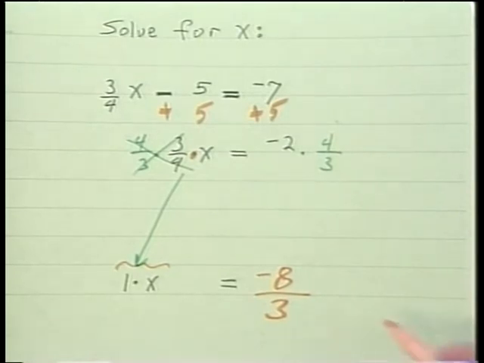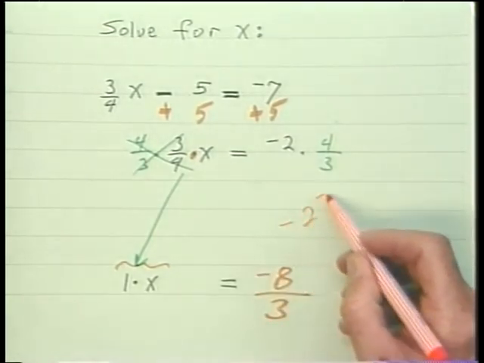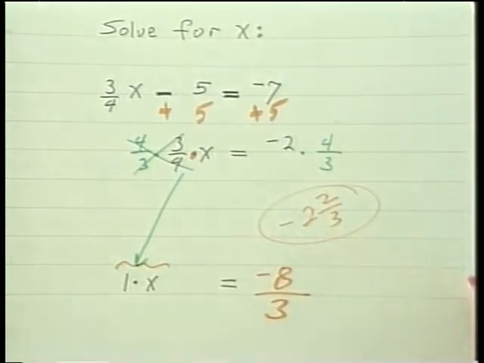And again, in algebra, we will prefer this form to negative 2 and 2/3. But of course, they both stand for the same number, so logically one is as good as the other.